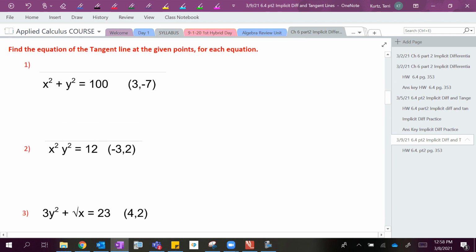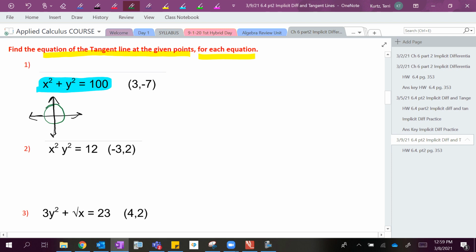So we want to find the equation of the tangent line at a given point for each equation. If we were in class today, I would kind of tease you guys about what type of equation this is. So x squared plus y squared equals 100. Hopefully some of you are like, oh, I know what type of equation that is. That is actually an equation of a circle, with a radius of 10, right?